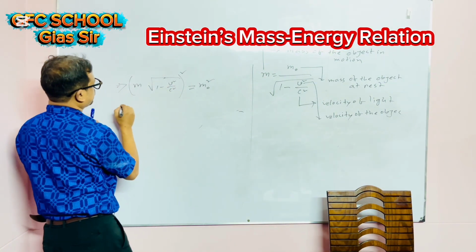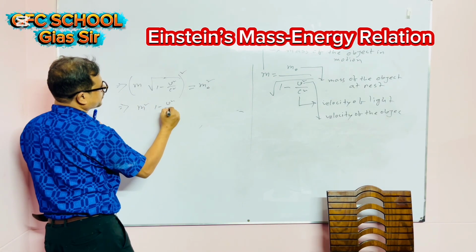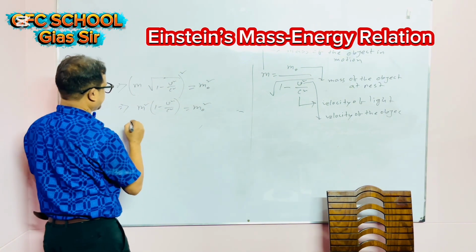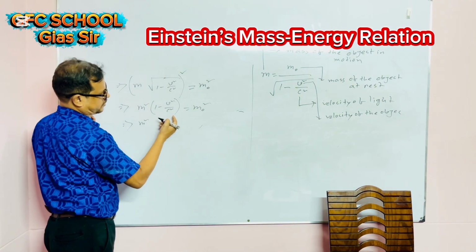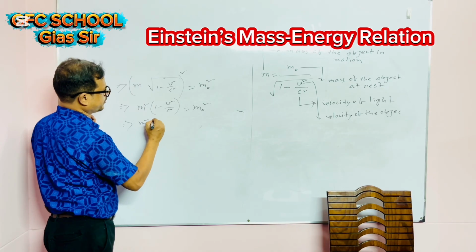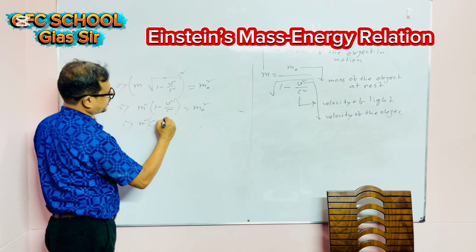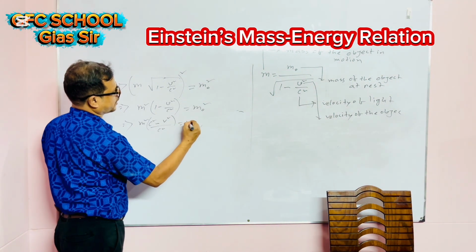So m squared times the bracket 1 minus v squared over c squared equals m naught squared. Here m squared c squared minus, let me do another line, m squared v squared, equals m naught squared c squared.